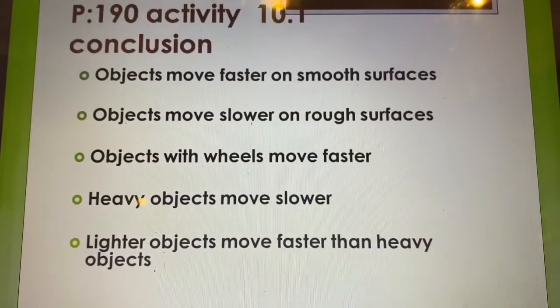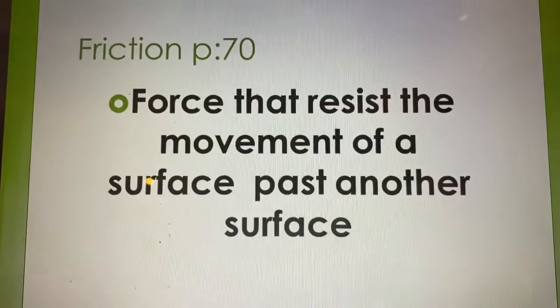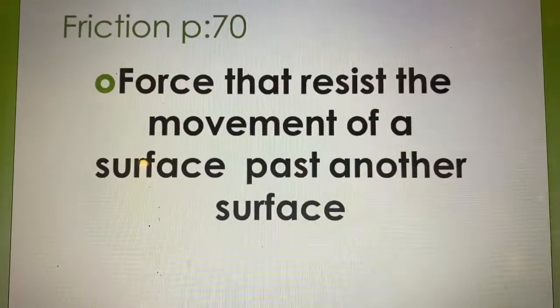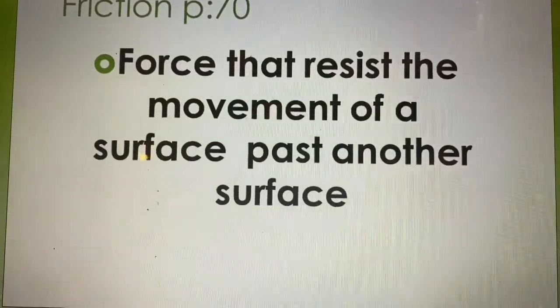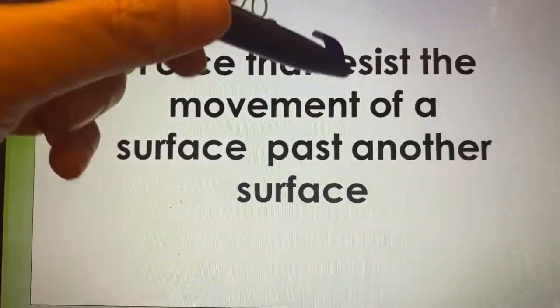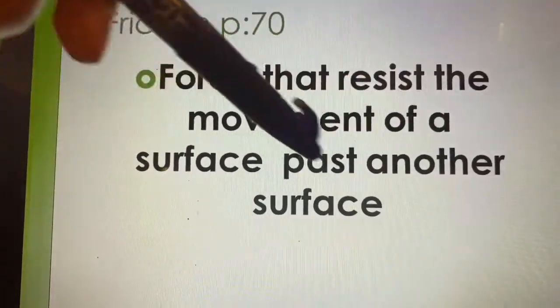Friction. Now friction, what is friction? Force that resists the movement of a surface past another surface. It's a force that resists the movement.